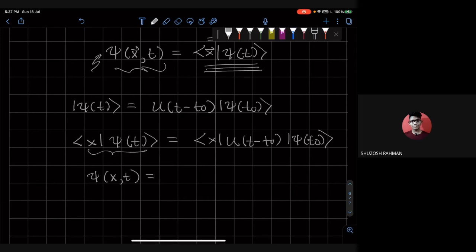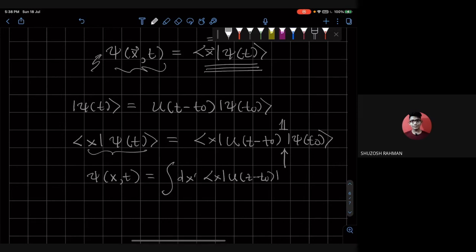But what is the right-hand side? To do the right-hand side, I'm going to use the fact that I have here an identity operator, right? The identity operator is everywhere. It's like God. So we can decompose the identity operator in the position basis.